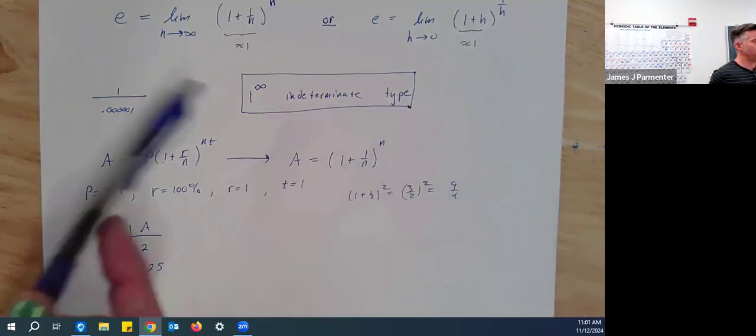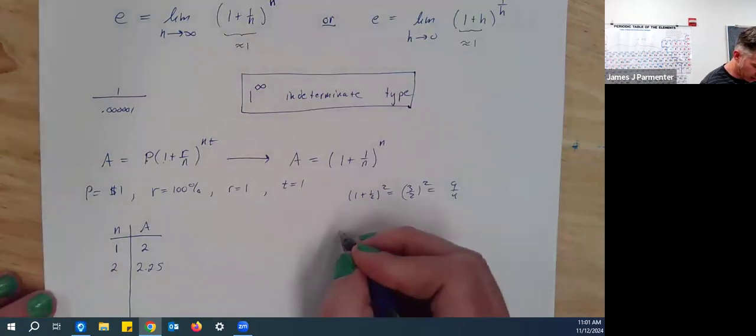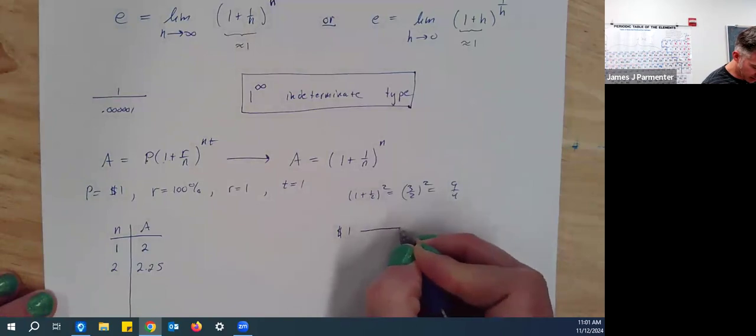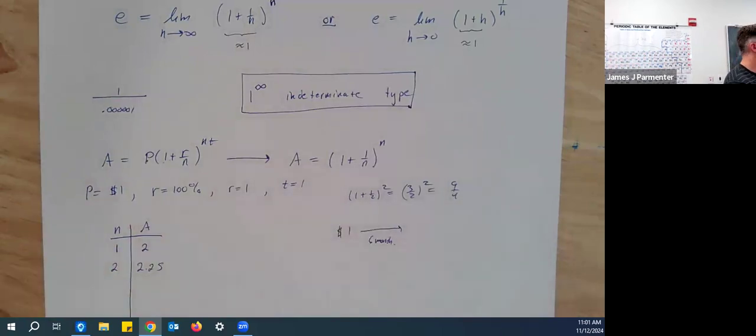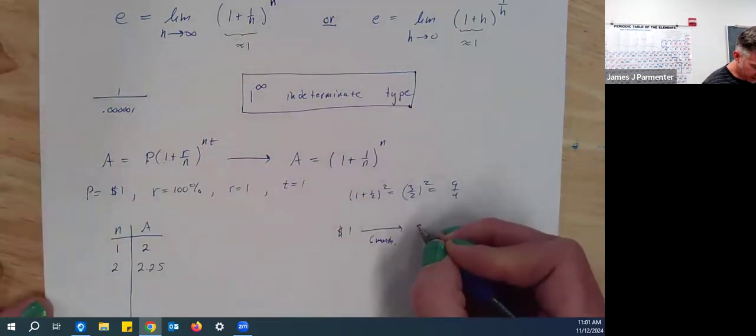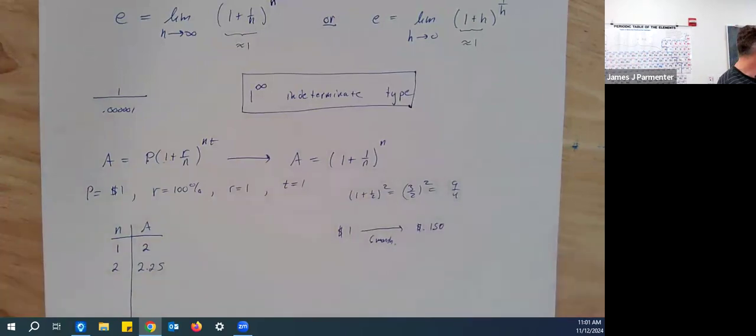Also, just to make sure everyone's clear with how this works: if I'm compounding twice per year, then after half of the year is over, I compound the interest. I lent you $1, and 6 months later I get half of the 100% interest. 50% of $1 is 50 cents, so now $1.50 is owed to me.